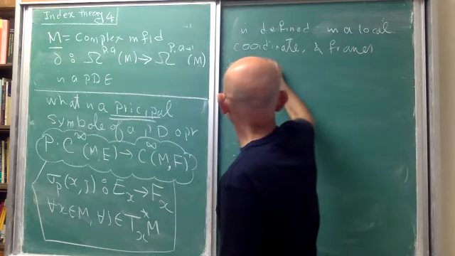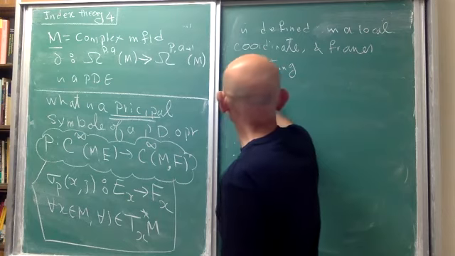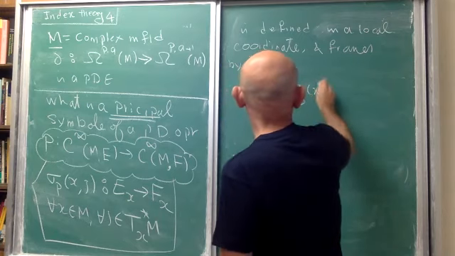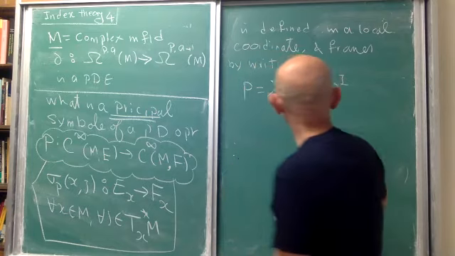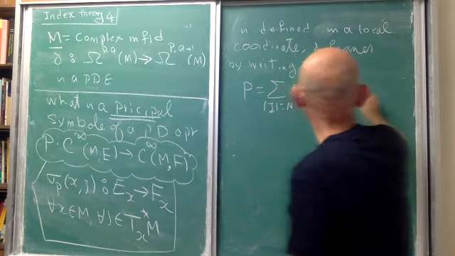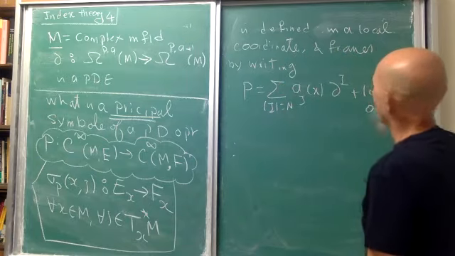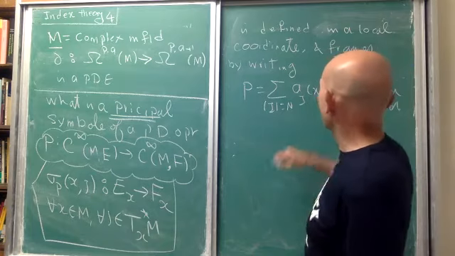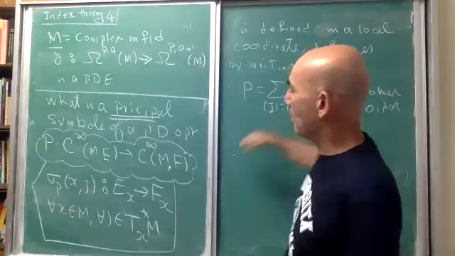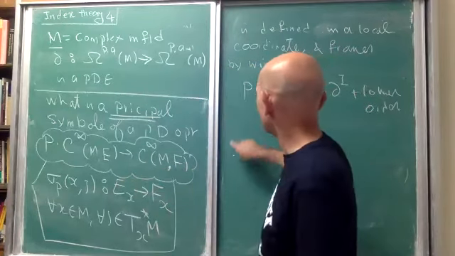By writing first your operator P, you can write it as the sum of a_I(x) D^I, with the absolute value of I equal to N, plus lower order terms. And then what you do is you just replace this D^I by these cotangent variables.